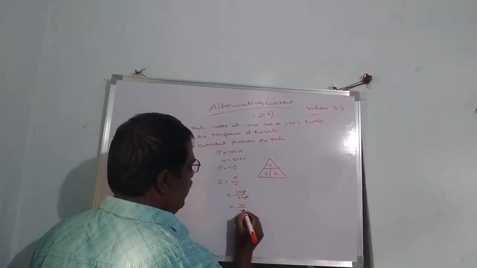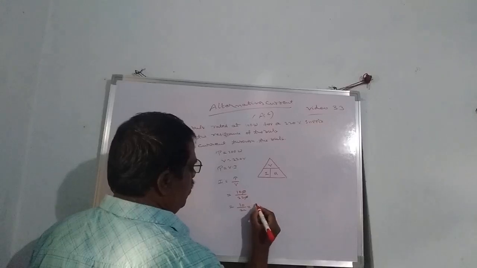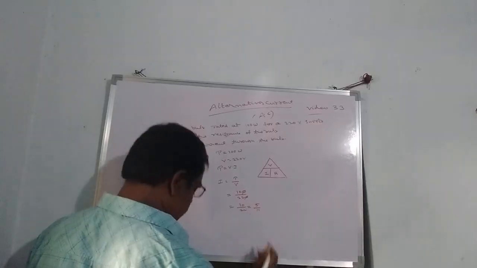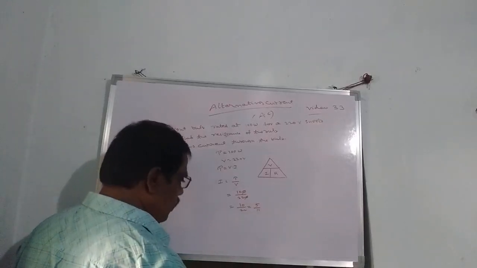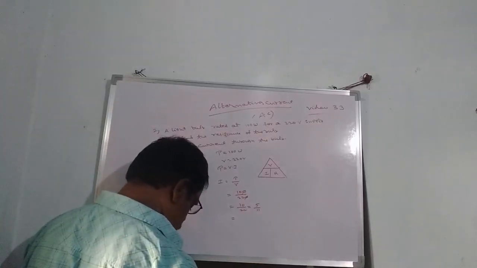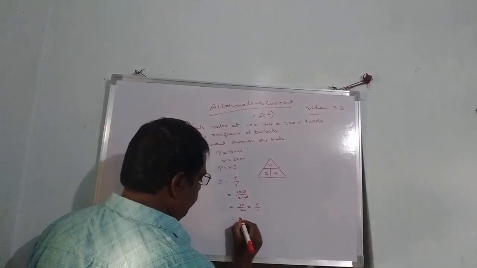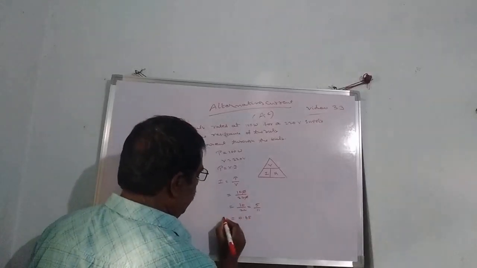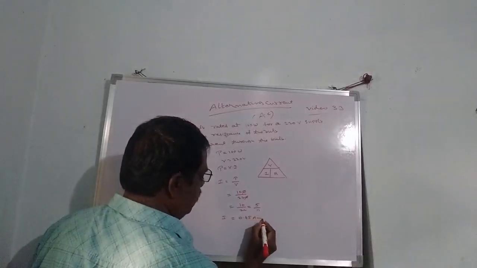That means 10 by 22, then 5 by 11. So 5 by 11, the value will be equal to 0.45. So the current will be in amps.